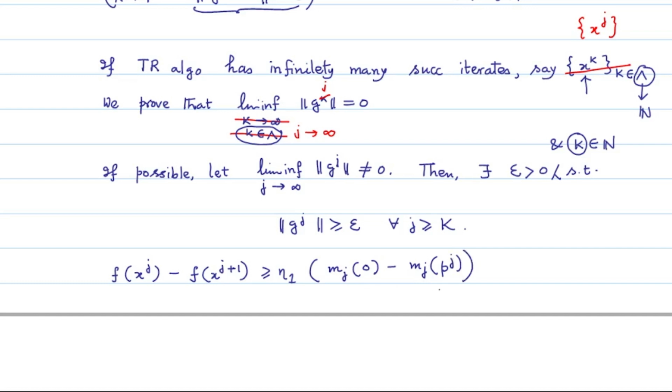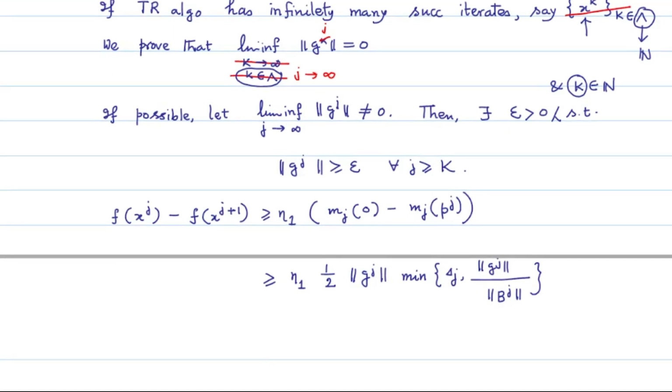As pj is such a step in this theorem at which the model function value is less than or equal to the model function value at the Cauchy step, we certainly have this right hand side quantity is greater than eta 1 times half into norm gj into minimum of delta j and norm gj divided by norm bj.